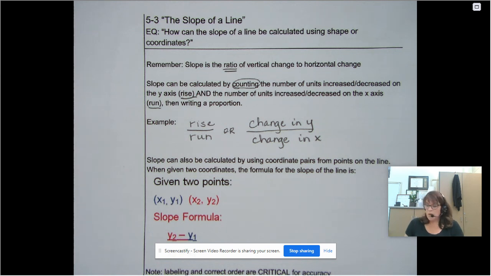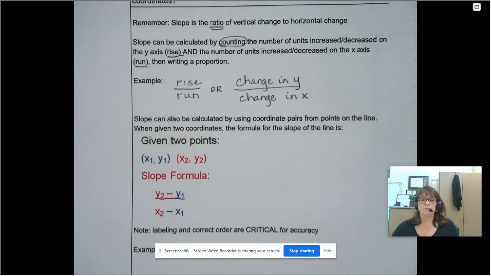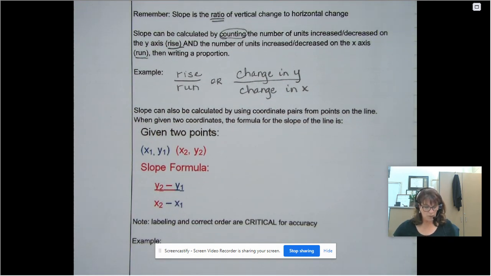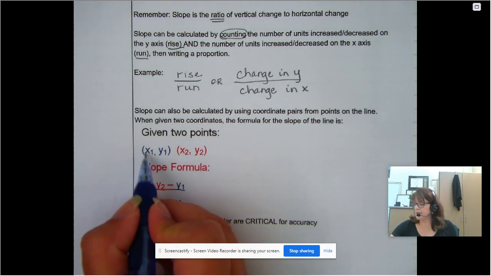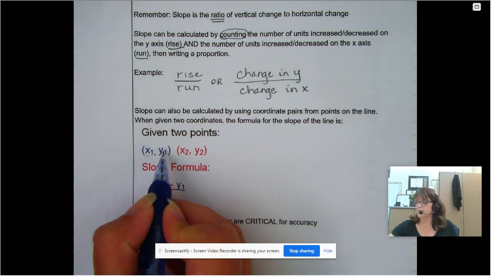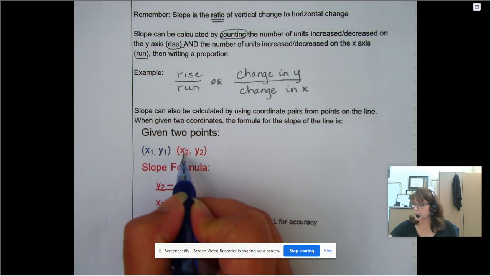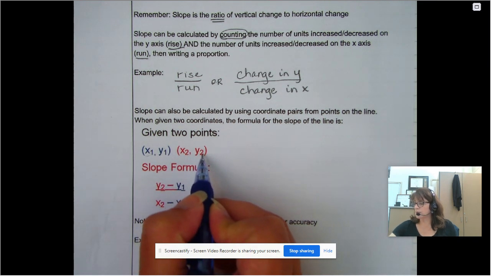Here are the 2 points that I want to use for this example. Notice the first coordinate pair is going to have an x1 and a y1. The second coordinate pair, x2, y2.